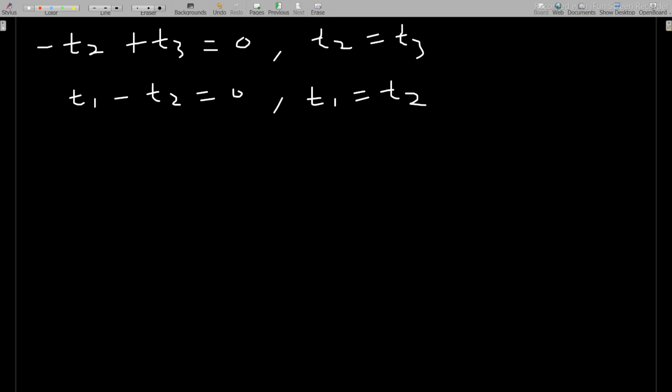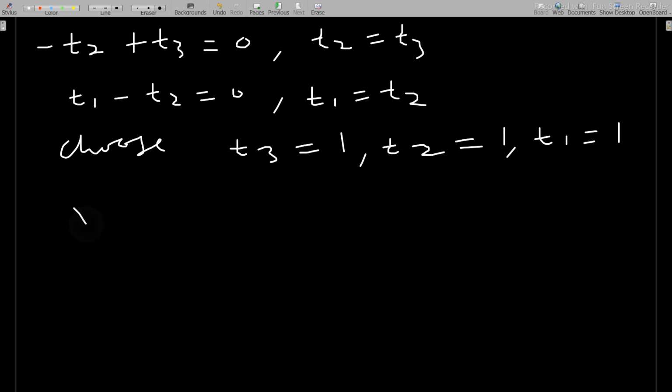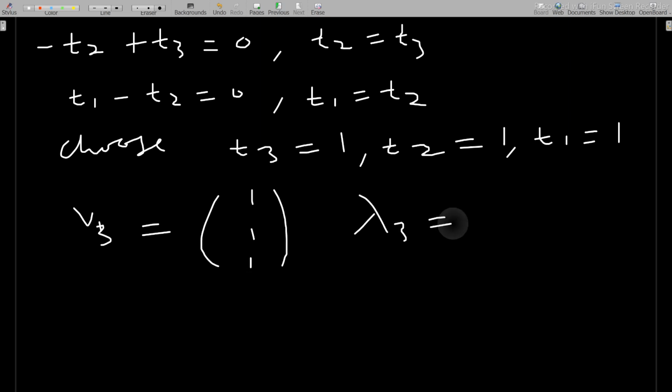Now with this, if I choose t3 equal to 1, it is a free variable, that's how you call it. So t2 is equal to 1 and t1 is equal to 1. It means that my v3 is equal to 1 1 1 with lambda 3 equals 1.